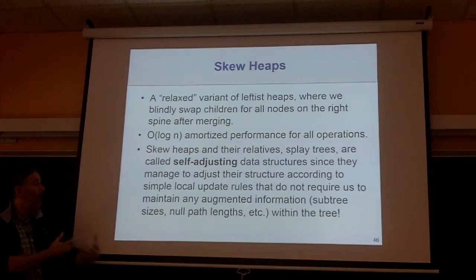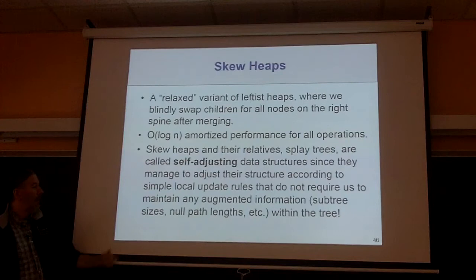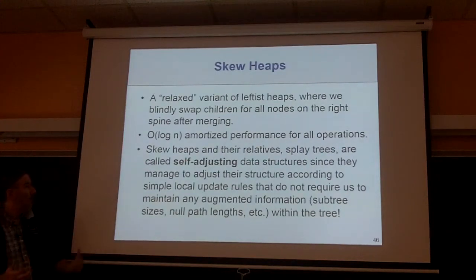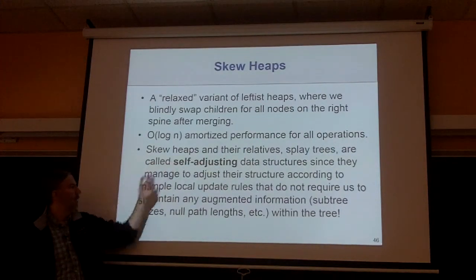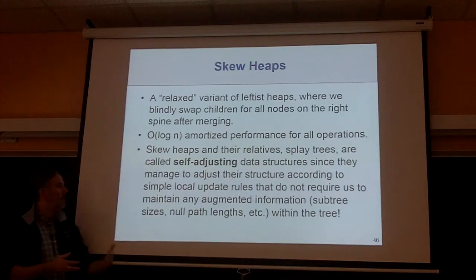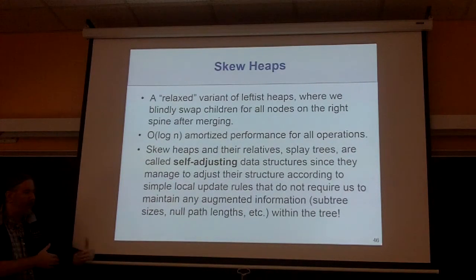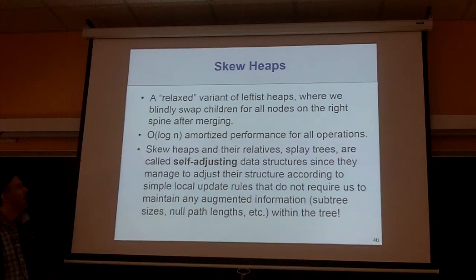And if you just always do this, even if it's not informed by null path lengths or sizes, magically the amortization still works out well. These self-adjusting data structures are very cool and very mysterious and almost magical, that they work even though they're blindly doing an operation, even if that operation is not informed by the need to balance your two subtree sizes or change the left versus right according to null path lengths.